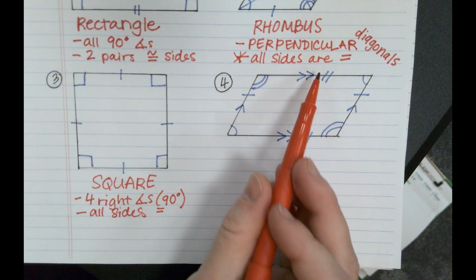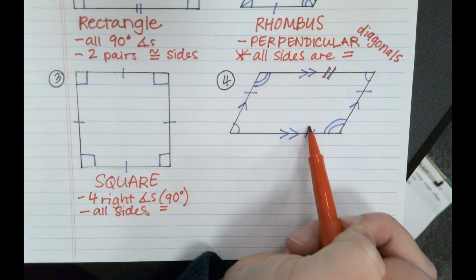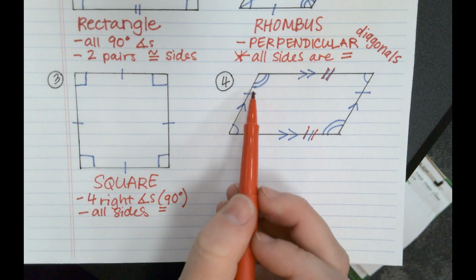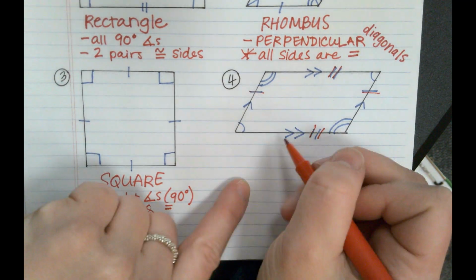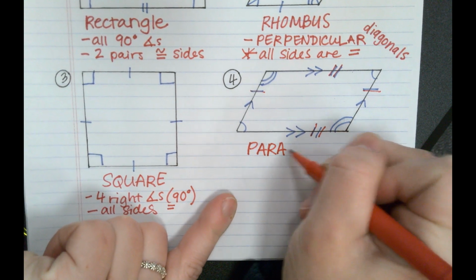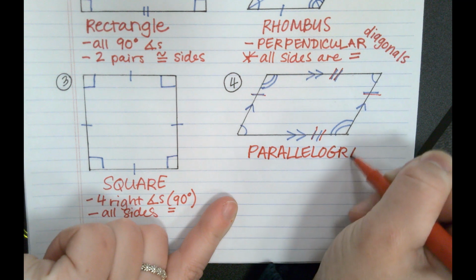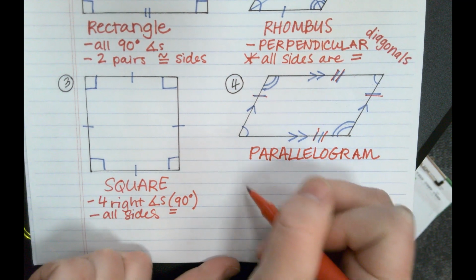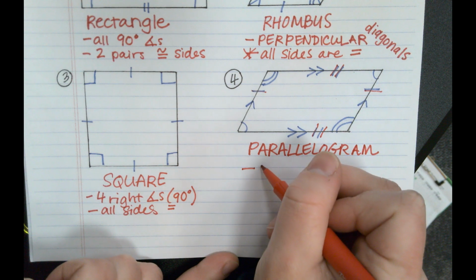This one doesn't have all sides the same, and we can tell that because we have 2 dashes here and only 1 dash here. So this would be a parallelogram. That's as far as we can categorize it. Parallelogram, got parallel sides.